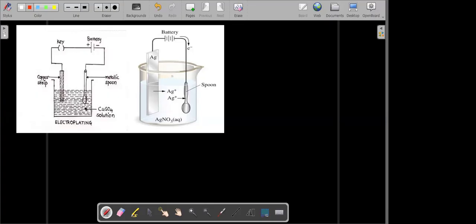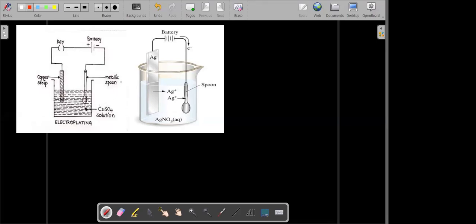The substance which is to be electroplated, like if I want to electroplate the spoon, has to be connected with the negative terminal of the battery, as it will be receiving the silver metal.